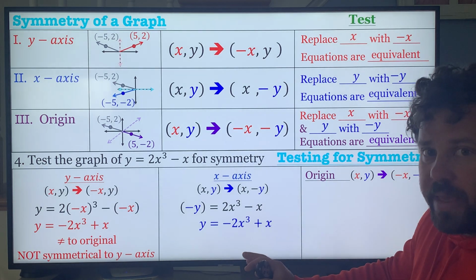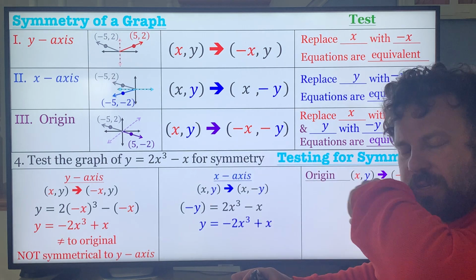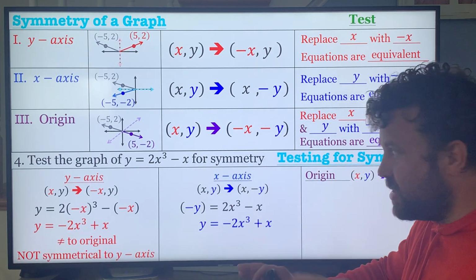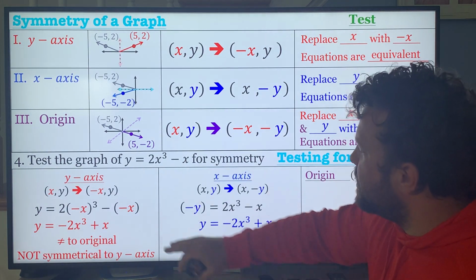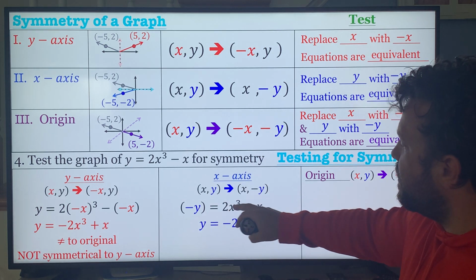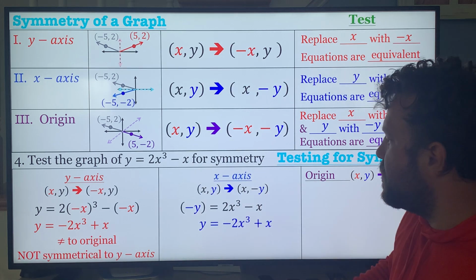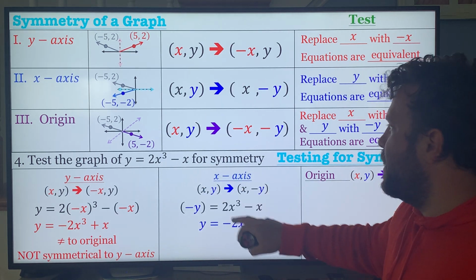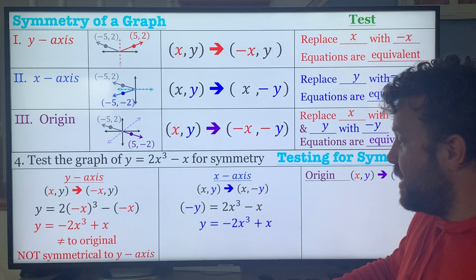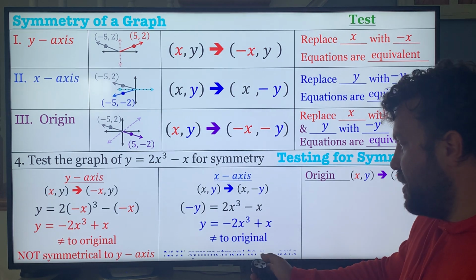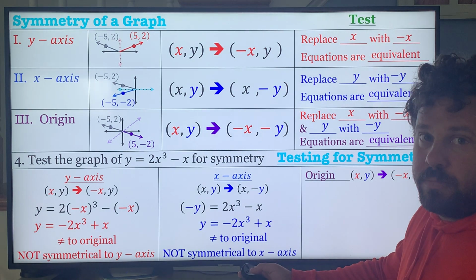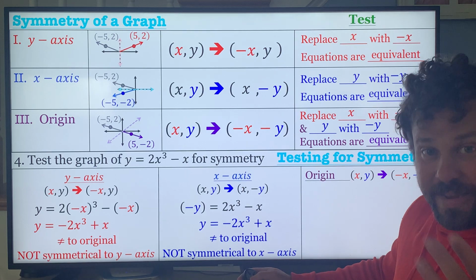If you want to make it y equals, it's always easier to make everything y equals, so change all the signs, because we just really care about the second part. So, we multiply everything here by negative 1, change the sign, change the sign. Are these two equations equal? No. Positive, negative, negative, positive. Not equal. So, not symmetrical. See? Very difficult. Not difficult.